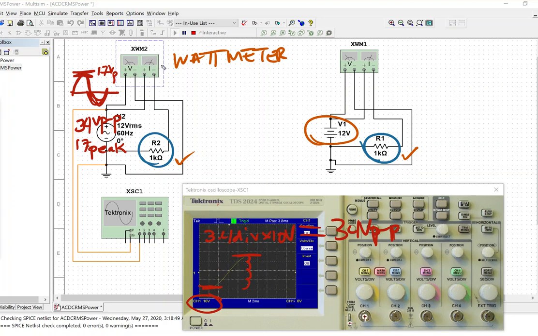So we have to get both current and voltage into this meter in a proper way. And so what that means is the voltage can go across where we're measuring the voltage like it normally does, but current has to break the circuit and be inserted within the circuit as an ammeter normally would be.